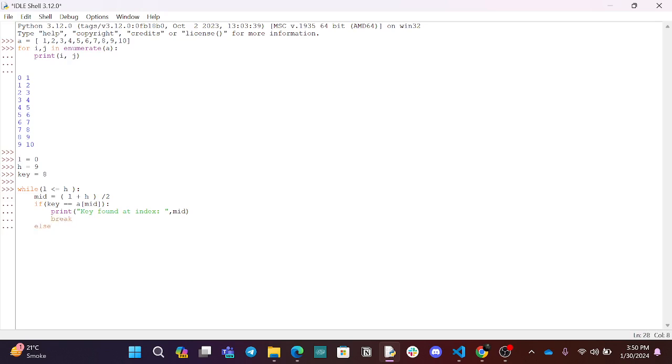Now write another condition. If our value is not at a midpoint, then what should we do? If it is greater than the mid value, then we should move our lowest bound from mid forward by adding 1, right? Now move it to the right. It should be an elif, and it should be an else.